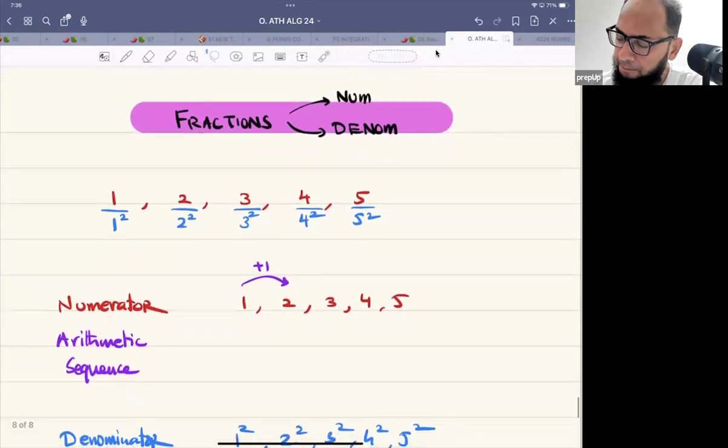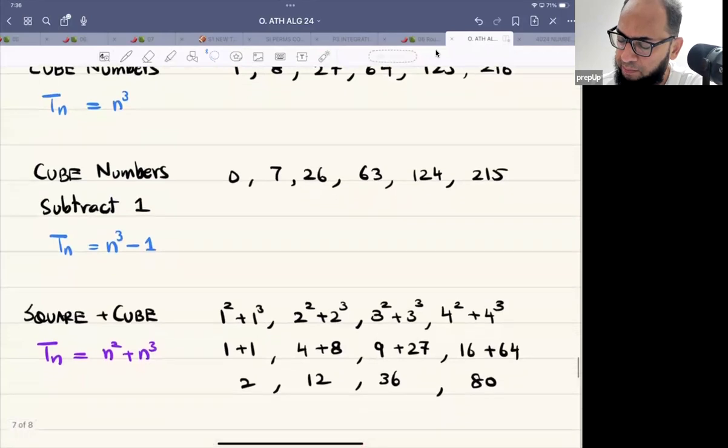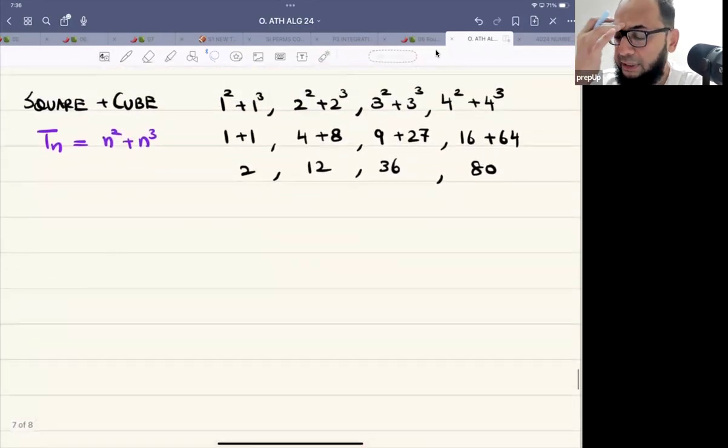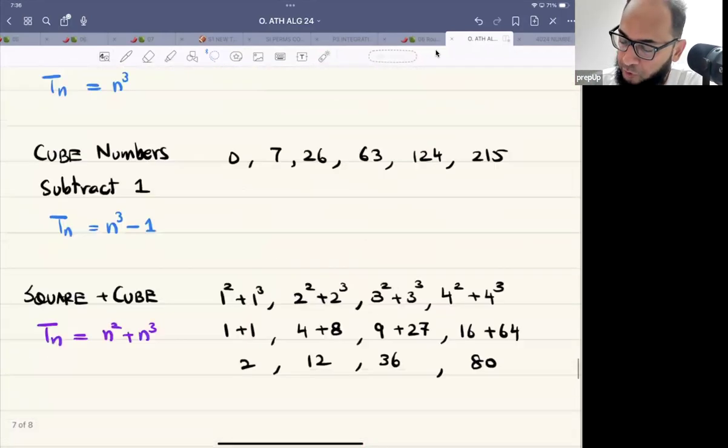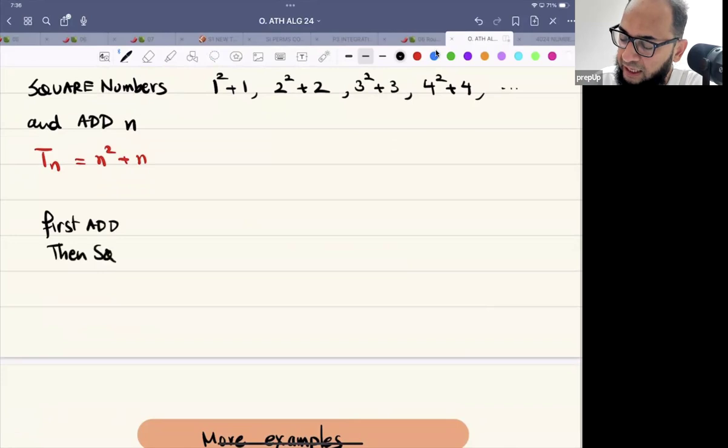Okay, let me add one other thing over here. This is like cube numbers, square and cube, something like what about, or let me add over here. First add, then square. That could be a possibility too.